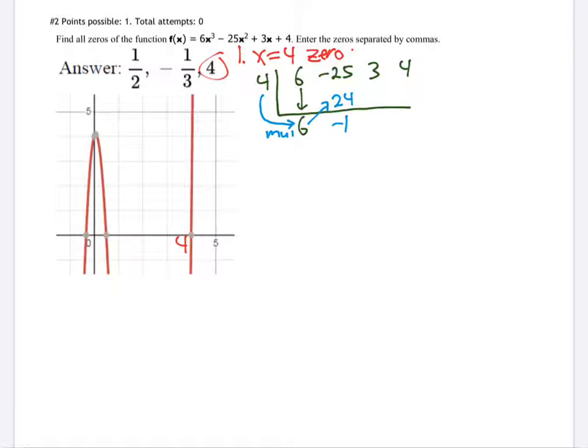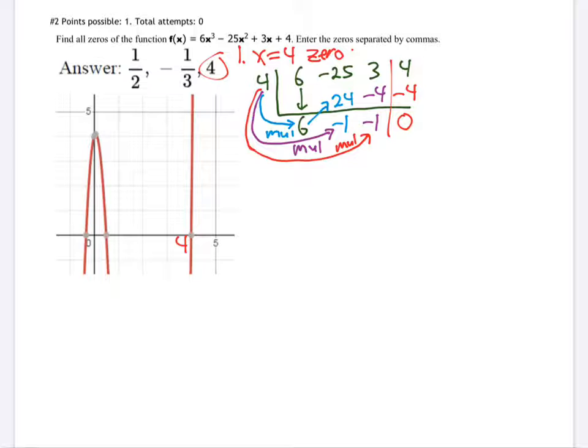Add them up, minus 1. And then we go again. We multiply. 4 times negative 1 is negative 4. Add them up, negative 1. And then we do the third one. We multiply. 4 times negative 1, negative 4. Add them up, 0. We were expecting that. 0 remainder, huh?